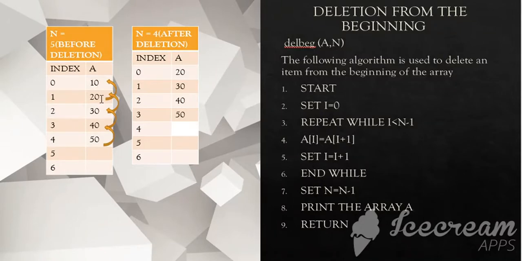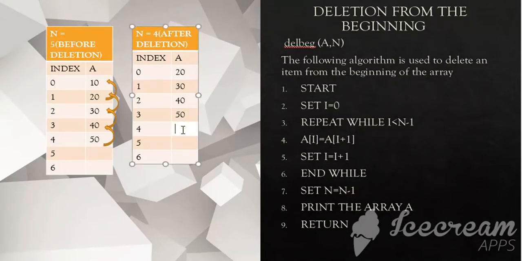So 20 gets onto the position of 10, 30 gets onto the position of 20, 40 is shifted to 30's place and 50 is shifted to 40's place. So our array becomes 20, 30, 40 and 50.